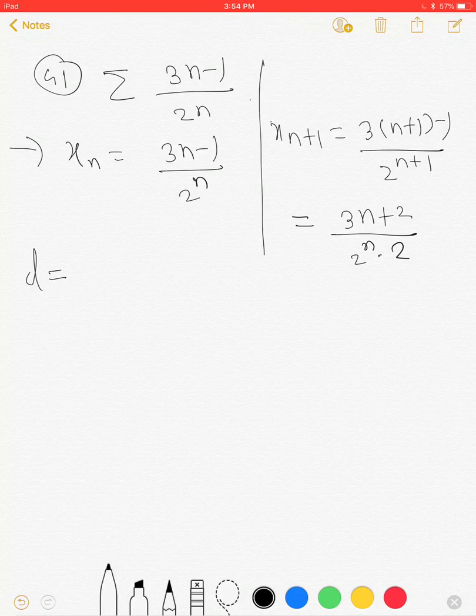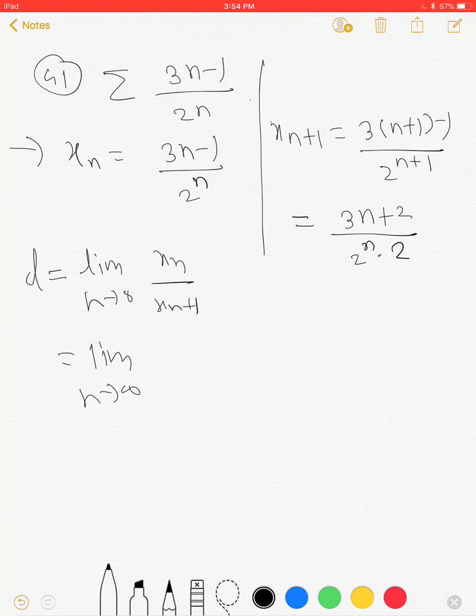So by the ratio test, take L equal to the limit as n tends to infinity of xn upon xn plus 1. The value of xn is 3n minus 1 upon 2 raised to the n. And xn plus 1 is 2 raised to the n into 2 upon 3n plus 2.